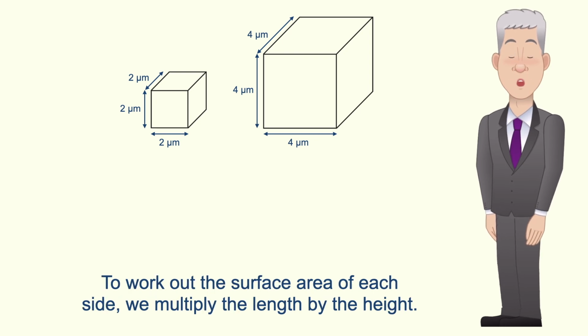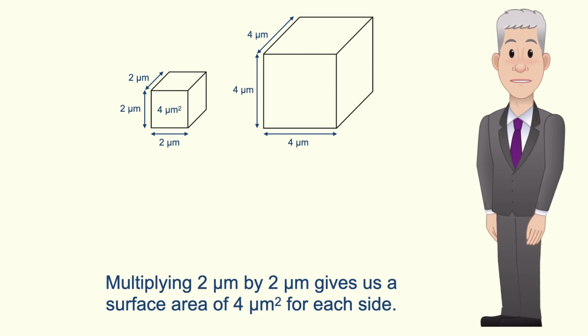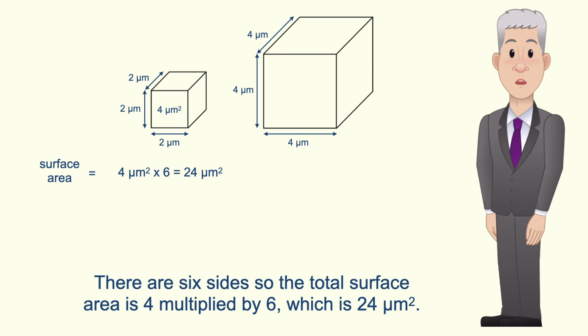To work out the surface area of each side, we multiply the length by the height. Multiplying 2 micrometers by 2 micrometers gives us a surface area of 4 micrometers squared for each side. There are 6 sides, so the total surface area is 4 multiplied by 6, which is 24 micrometers squared.